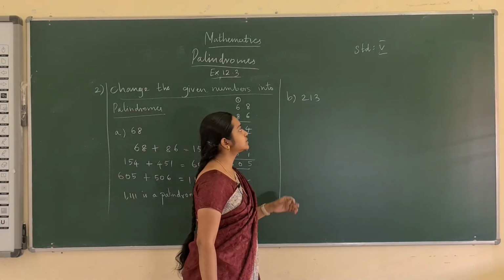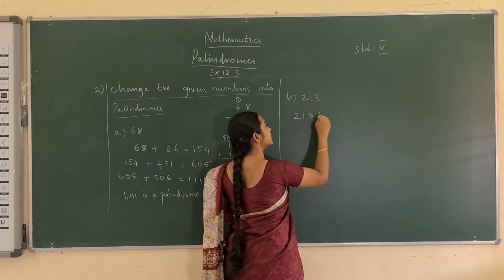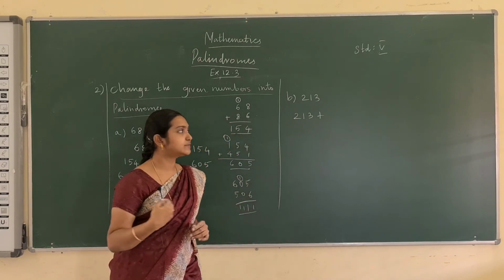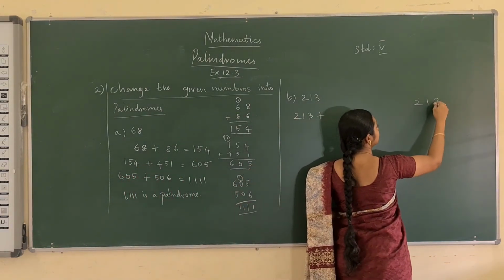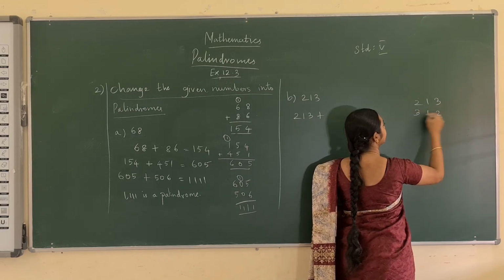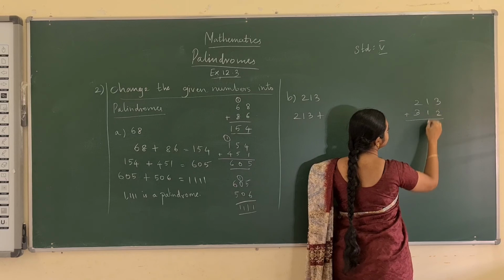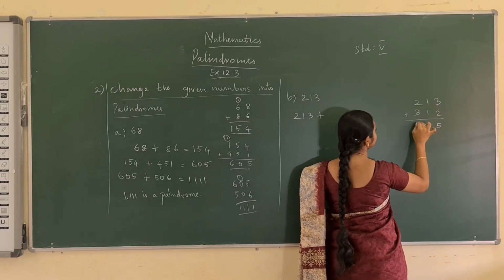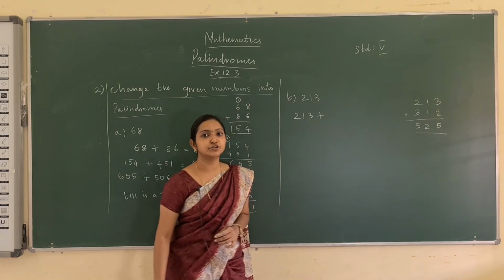Next the number is 213. With 213 we have to add the reversed number. Three plus 2 is 5. 1 plus 1 is 2. 3 plus 2 is 5. 525 is a palindrome number.